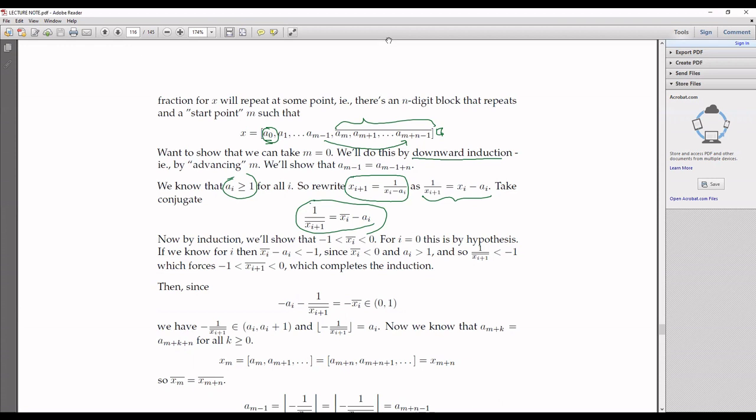And what is x actually? If you can remember, x is the overall number whose continued fraction representation was a_0, a_1, up to, I mean, probably a_(n-1).